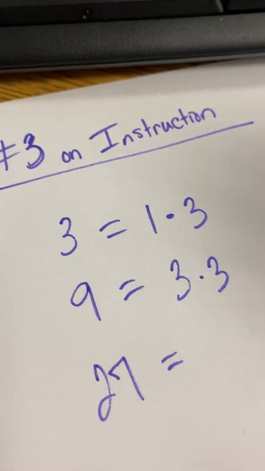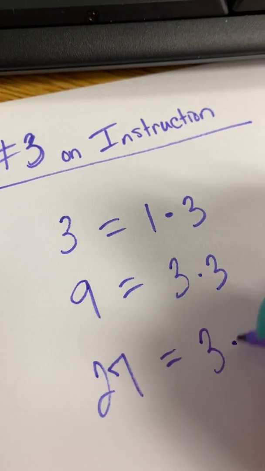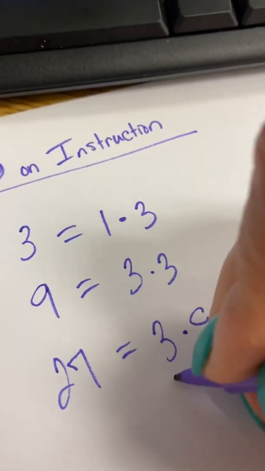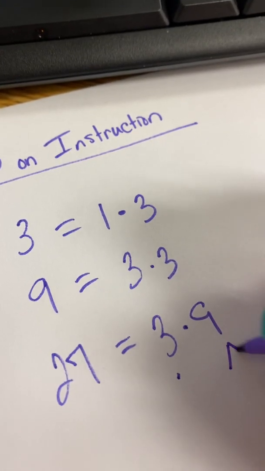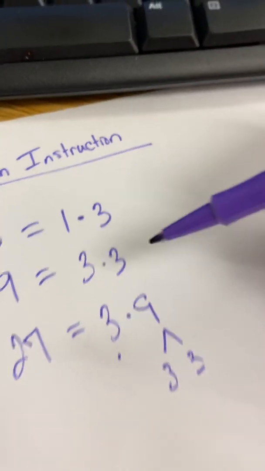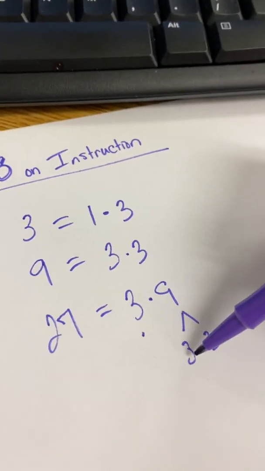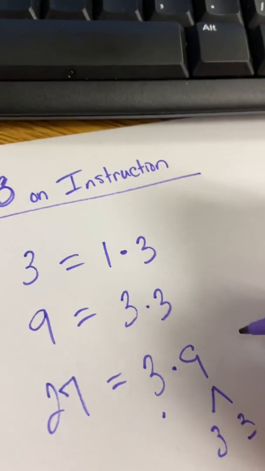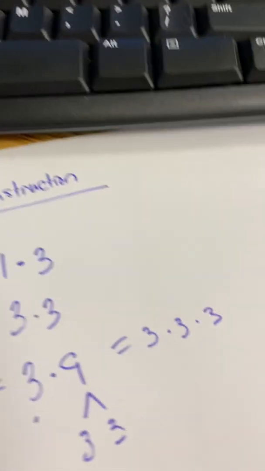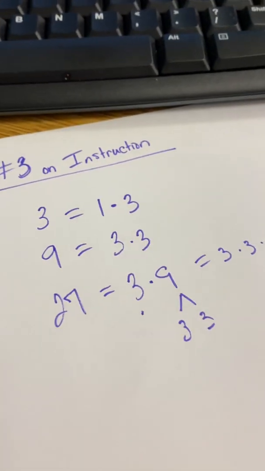Well, 27, 3 goes into it 9 times. And then look, you can break 9 apart again into 3 times 3. And so now look, I'm gonna write it out like this: 3 times 3 times 3 equals 27.